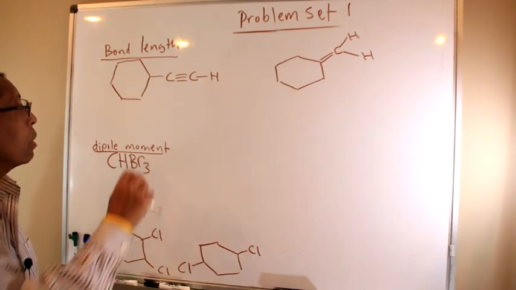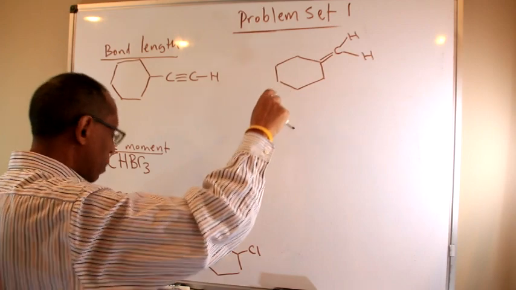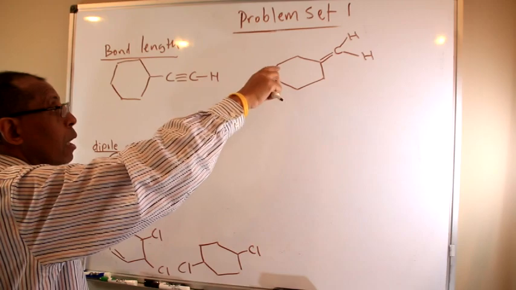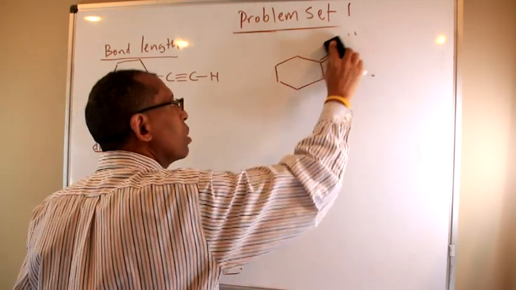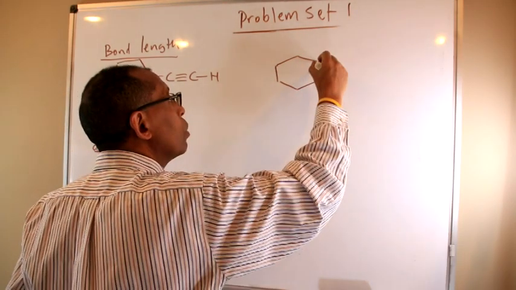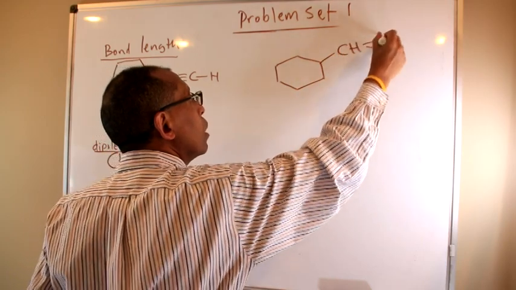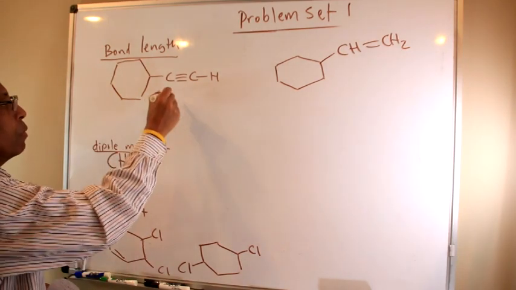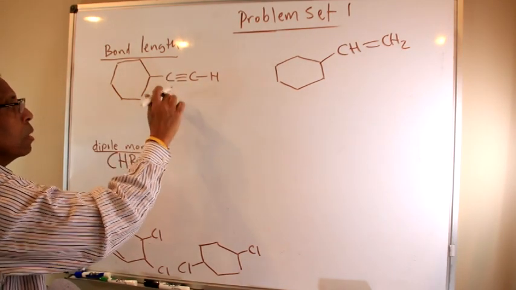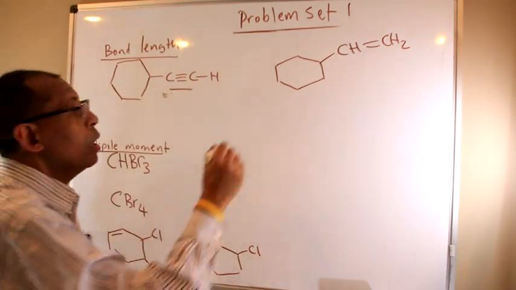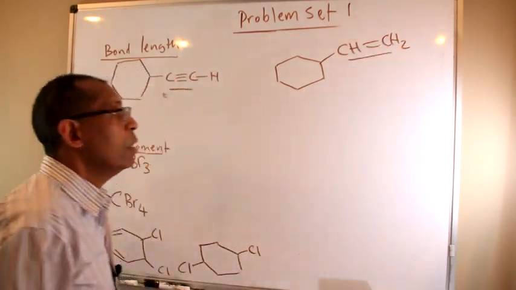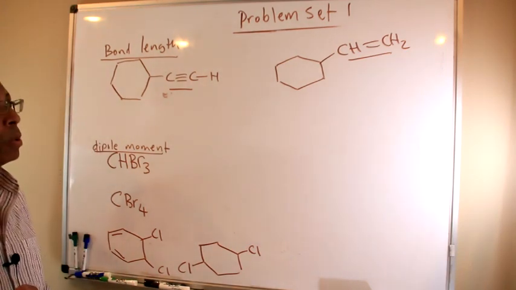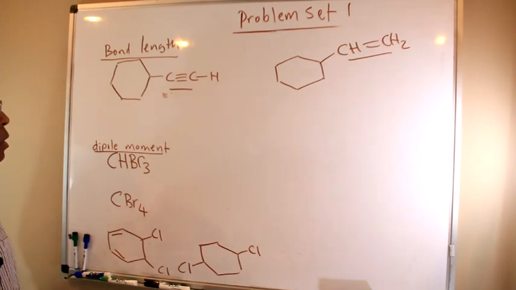Here we are asked to compare the carbon-carbon bond lengths. Here the carbon-carbon bond lengths, and also let me redraw this structure. Actually it should be CH2 and this. So if you are asked the bond length between this carbon-carbon and this carbon-carbon bond, it's obvious from their hybridizations, you can tell which one is shorter and which one is longer.